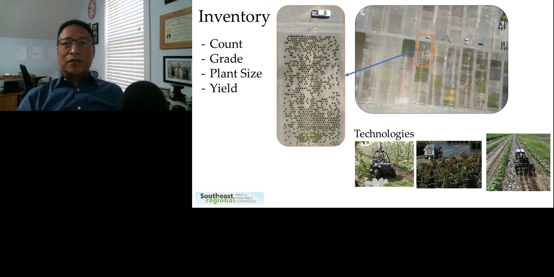Collection of plant inventory, such as count, grade, plant size, and yield data, is time-consuming, often inaccurate and costly. Although improvements in the processes involved have been made, they still rely heavily on manual methods. In response to increasing labor costs and shortages, there is an increased need for adoption of technologies by the nursery industry.